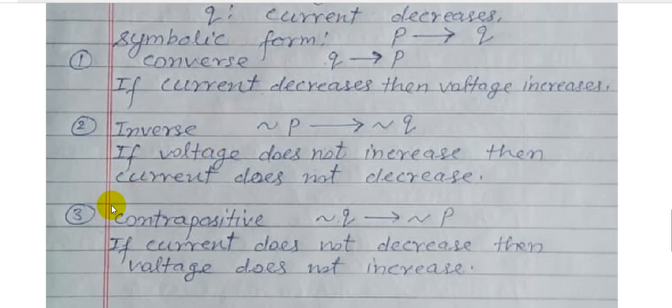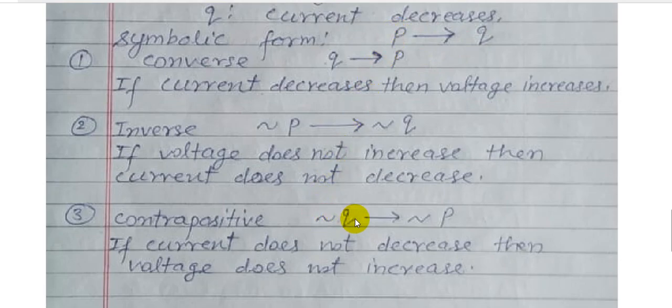Now see its third part, contrapositive. So for the contrapositive, negation Q, conditional negation P. It means just the reverse order of the inverse, or you can say using negation in the reverse of the given statement. In any way you have to learn it.